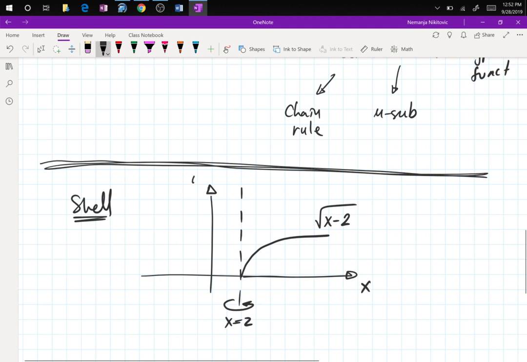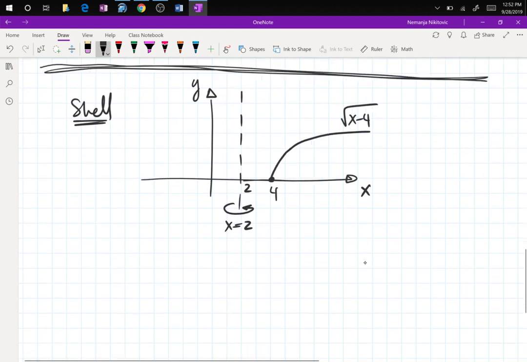What if the function was square root of x minus 4 or something? Doesn't matter. Okay. Just so that we can see it in the integral. So that's at 4, that's at 2, square root of x minus 4.